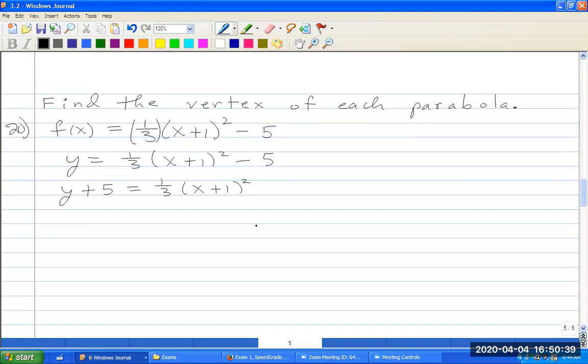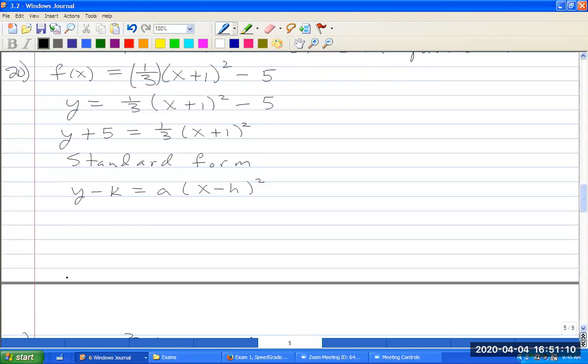Okay, so let's try to find the vertex, so it's in standard form. And so just recall that in standard form, y minus k equaling a(x minus h) squared, the vertex is (h, k).